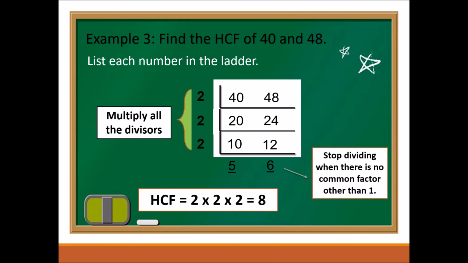Therefore, the highest common factor of 40 and 48 is 2 multiplied by 2 multiplied by 2 is equal to 8. Got it? Very good, students.